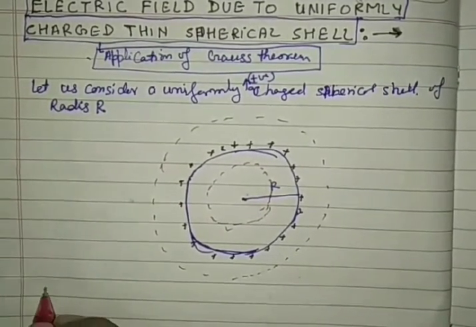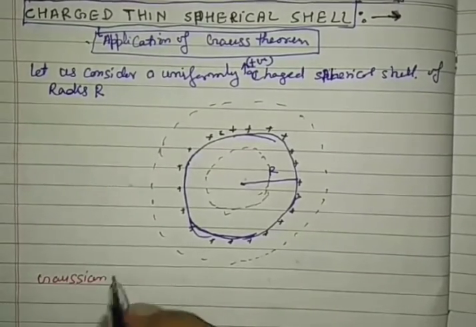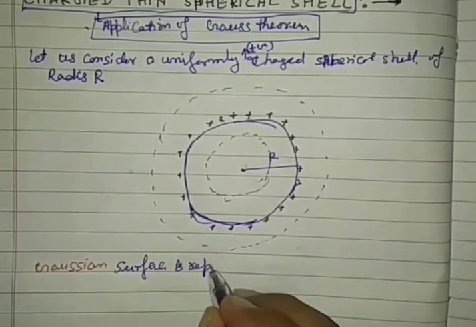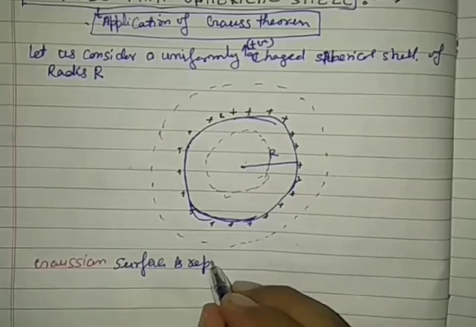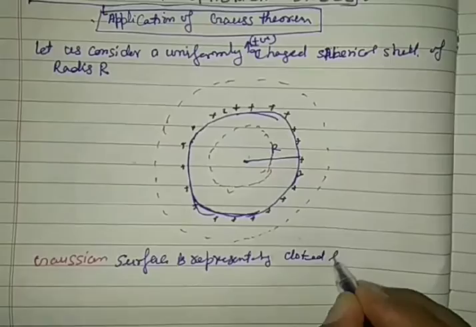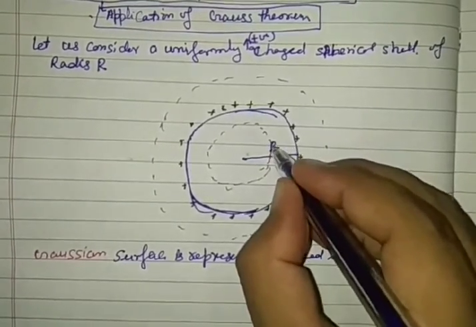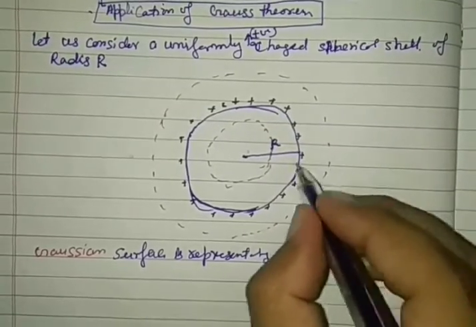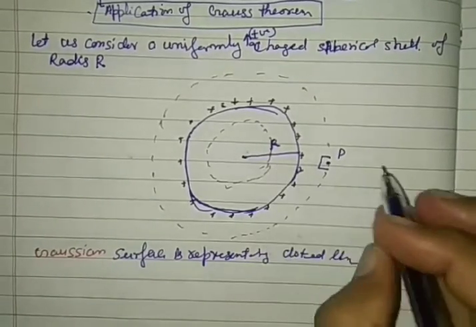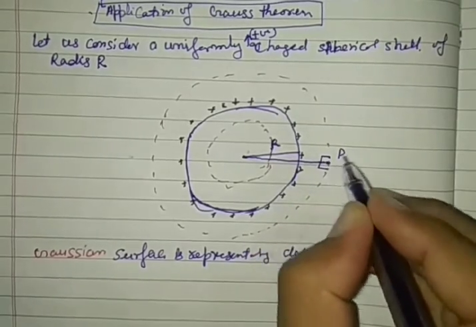So see carefully, the Gaussian surface is represented by a dotted line. See, this one Gaussian surface is inside the radius. Now let us consider a point P here at which we are going to obtain the electric field intensity.